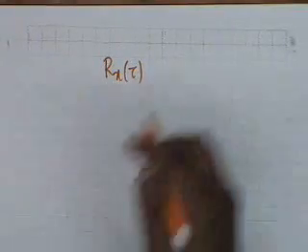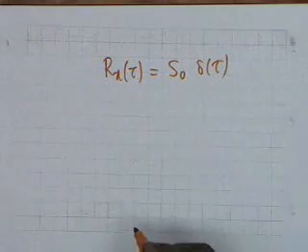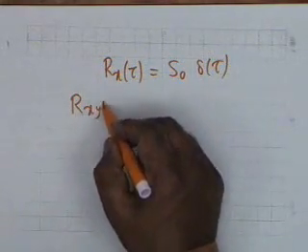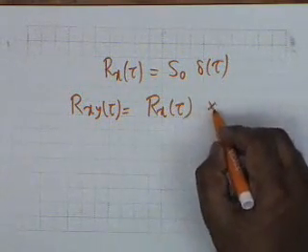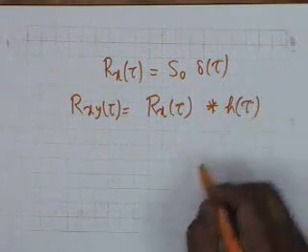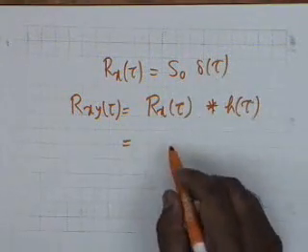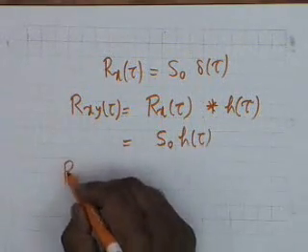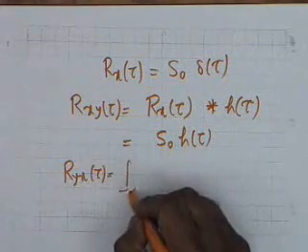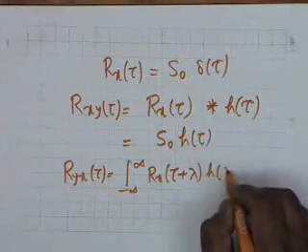Okay. Suppose the input is a white noise process. That is, Rx(tau) is S0 times delta(tau). Well, then what would be Rxy(tau)? This is Rx(tau) convolved with h(tau), and therefore this would be simply equal to S0 times h(tau). On the other hand, Ryx(tau) is the integral from minus infinity to infinity of Rx(tau plus lambda) h(lambda) d lambda.